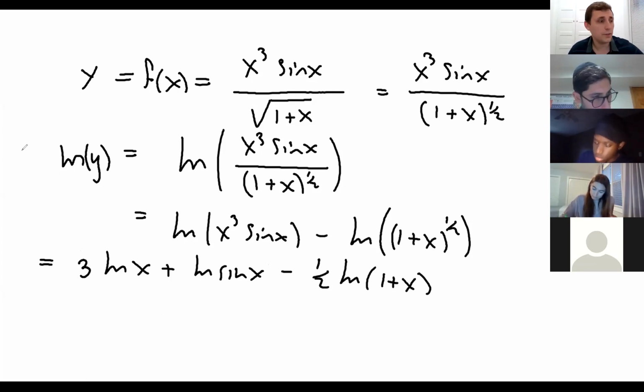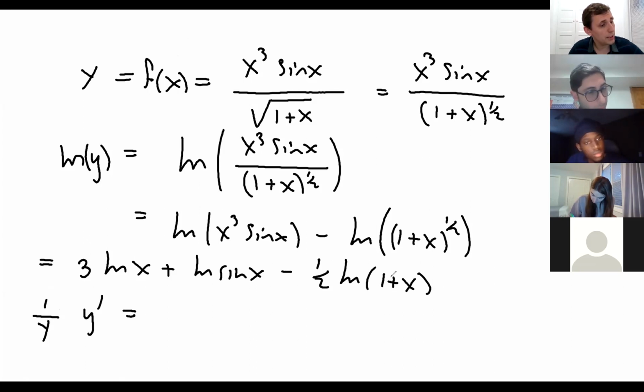Now the derivative I want is y prime. So the derivative on this side is what? It's 1 over y times y prime. Are you with me? Taking the derivative of ln y is 1 over y times y prime. And what do I get if I take the derivative of the right side?